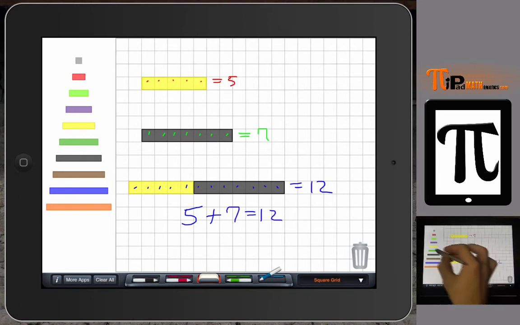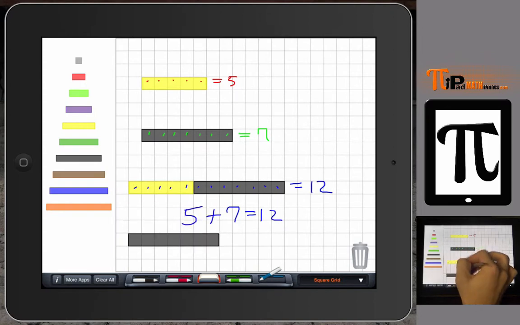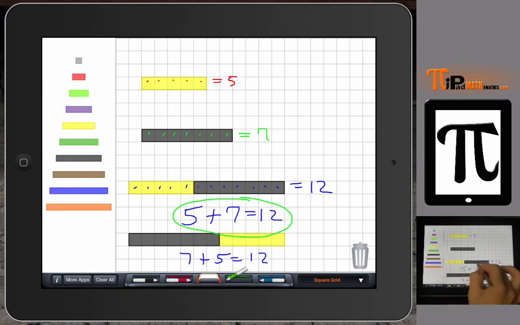You can also do the black rod and then the yellow rod and see that 7 plus 5 equals 12. So with your young students, you can have them create mathematical equations and model the commutative property of addition. Very cool, very exciting. I like it.